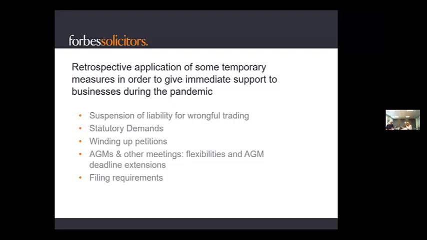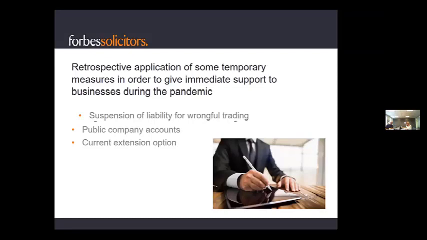The courts have been giving consideration to it, and there will be retrospective application of it going forward, and specifically looking at liability for wrongful trading, provisions surrounding statutory demands, winding up petitions, and as I've just mentioned, the AGMs and other meetings to be held by companies, and also filing requirements as well.